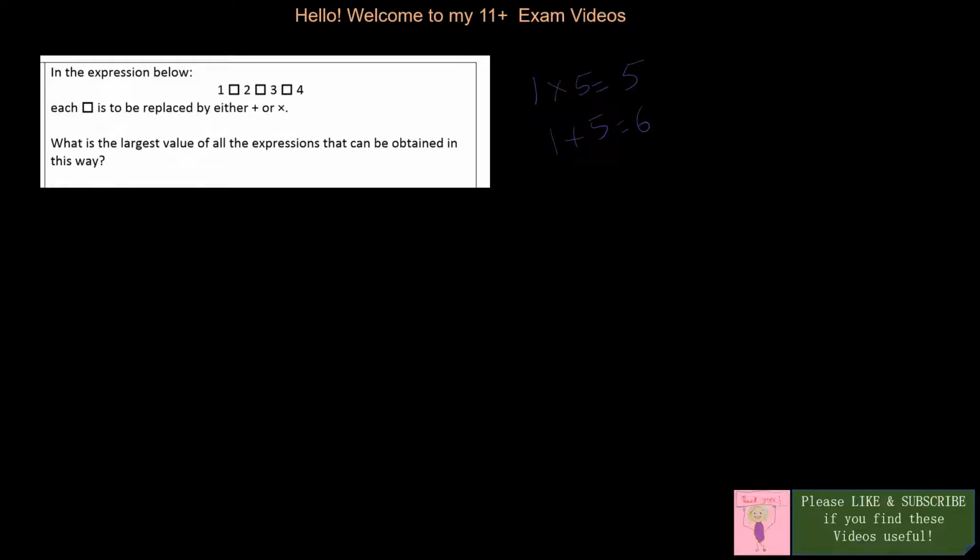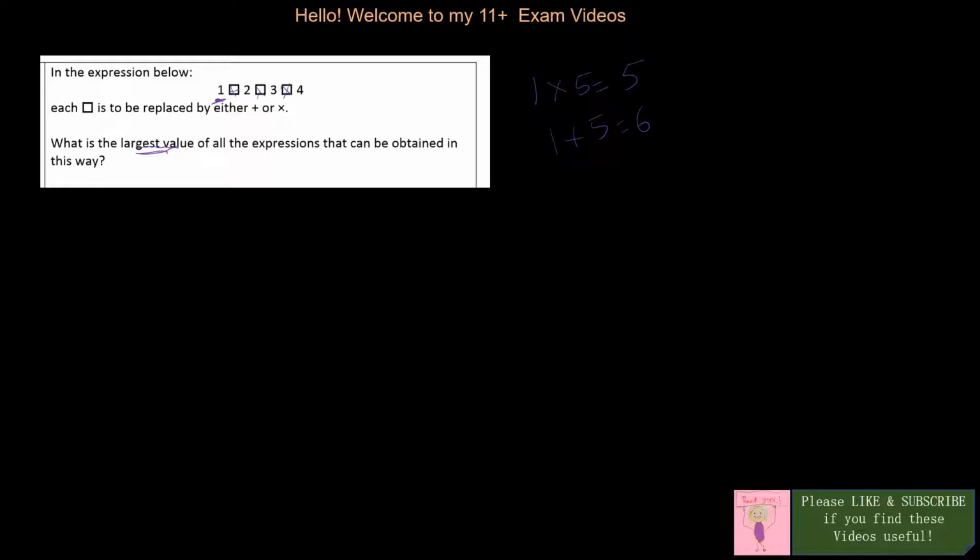So why am I saying this? The reason is that you have 1 here, and they have asked for the largest value. So to get the largest value you have to add 1 to the result of the multiplication.